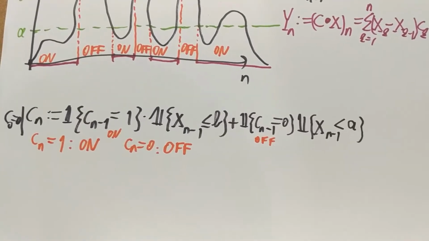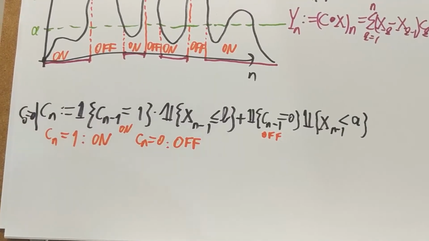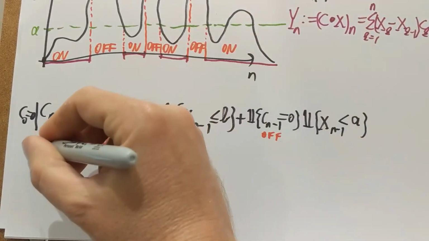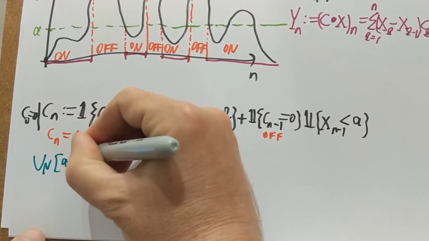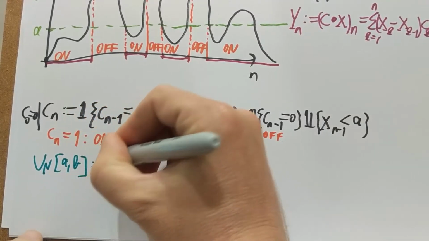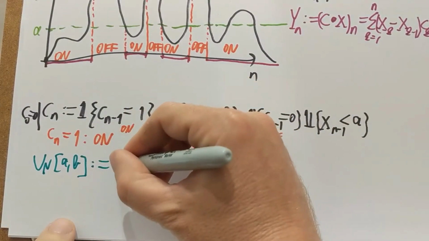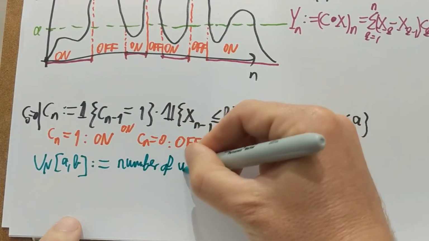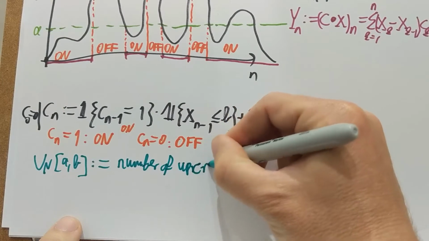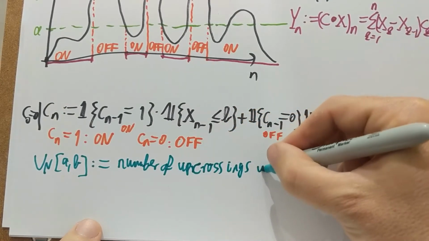Okay? Now let's keep this in mind, and then let me define something else which will be very useful and will be at the core of whatever I want to say now. I'm going to define the number Un of a, b, and this is going to be the number of upcrossings until time n.